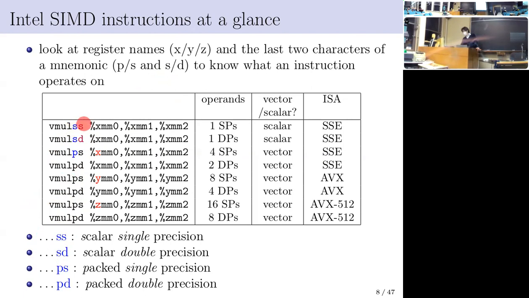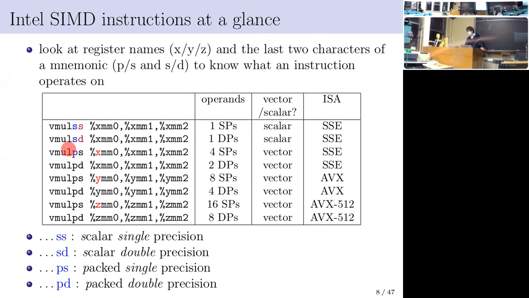So the thing you need to remember is that, like I said, the last two characters are important. When the second last character is P, it means they are SIMD instructions. P stands for packed, so many values packed into a single register or a single instruction. So the last six instructions are SIMD instructions.